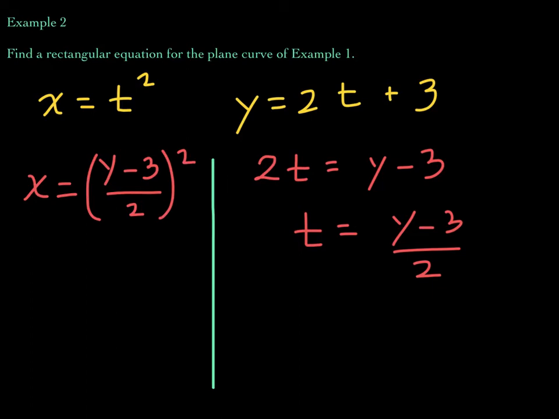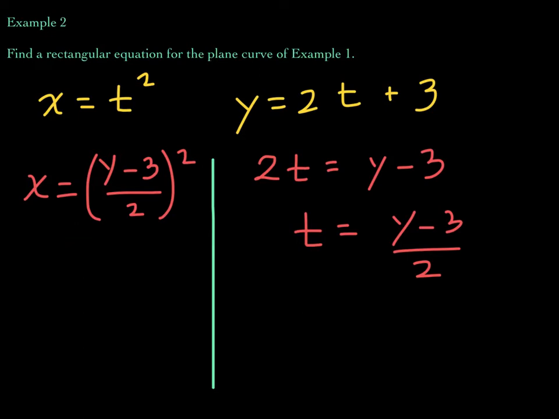You see what I did there? t is equivalent to (y minus 3) over 2, so I'm going to plug that value into the other equation. And now I will simplify and rewrite this equation so that it looks like a familiar rectangular equation for that parabola. Can you notice that this equation no longer has t in it? This equation only has x and y.